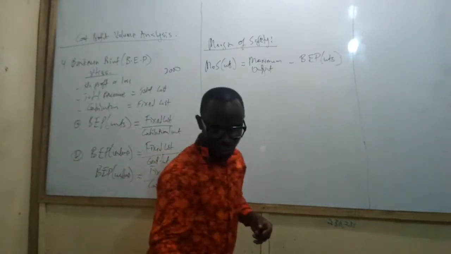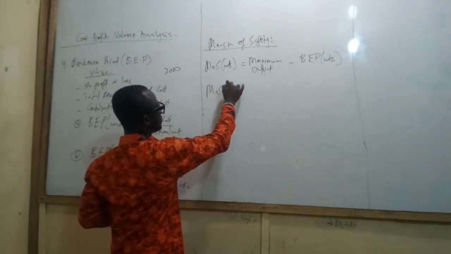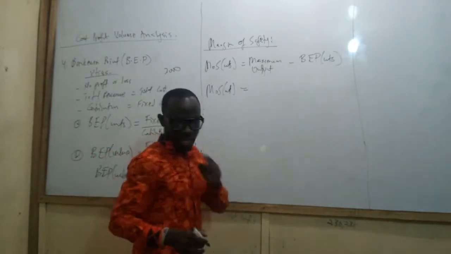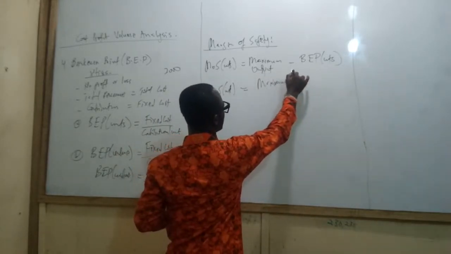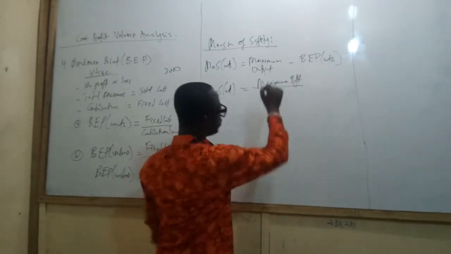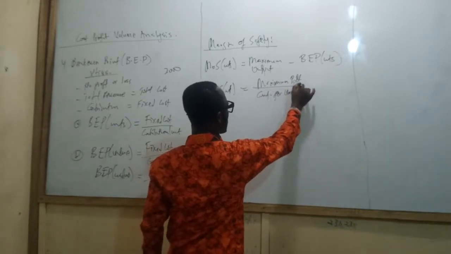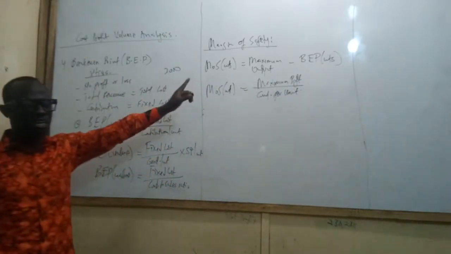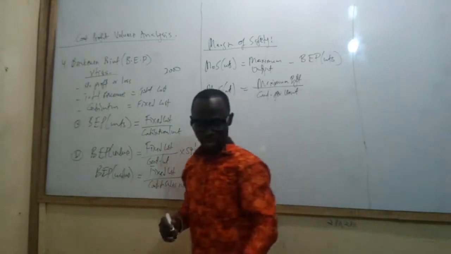Then another way the margin of safety could be calculated in units is maximum profit divided by contribution per unit.